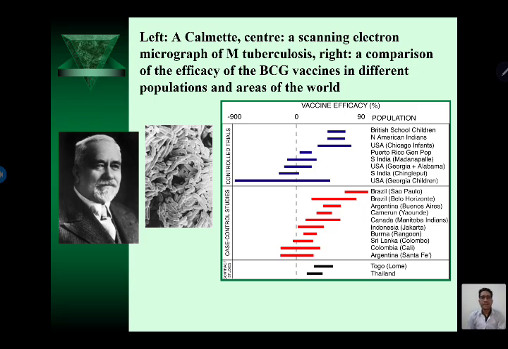A vaccine's efficacy ranges from minus 900 to 0 and 90 in the population. In blue, the controlled trials, in which you can see British school children and American Indians, USA Chicago infants, Puerto Rico general population, USA Georgia and Alabama, and USA Georgia children.